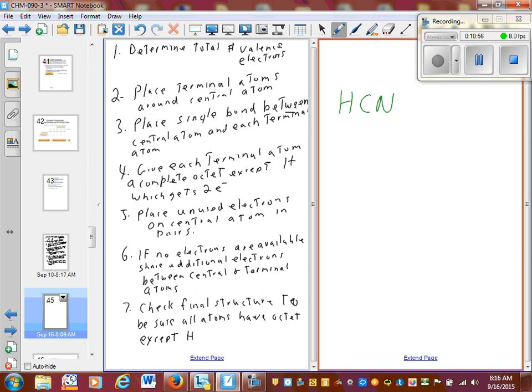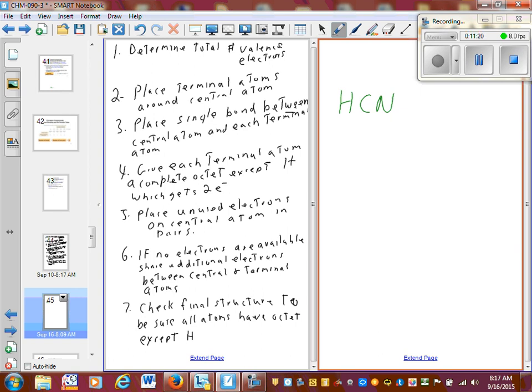Hydrogen has how many valence electrons? 1. Carbon has how many? 4. 1 and 4 are 5. Nitrogen has how many? 3. No. 5. 5 and 5 are 10.